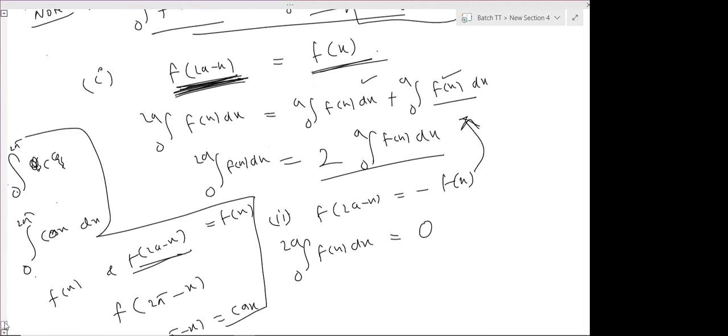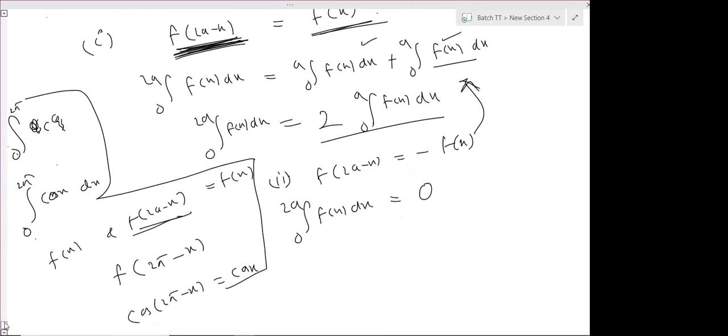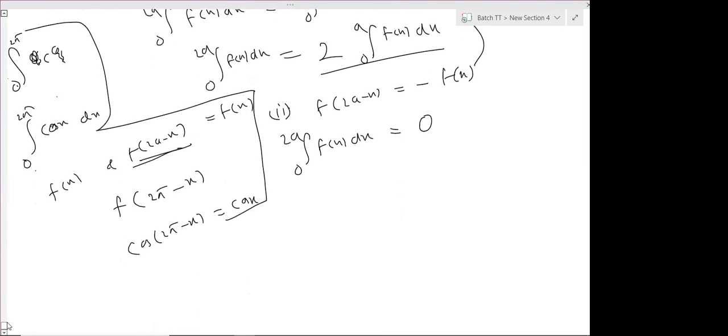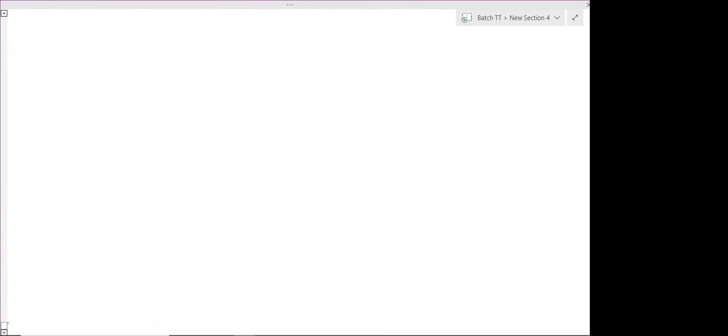Write down the question. Integration 0 to 2 pi cos to the power 5x dx. All right.